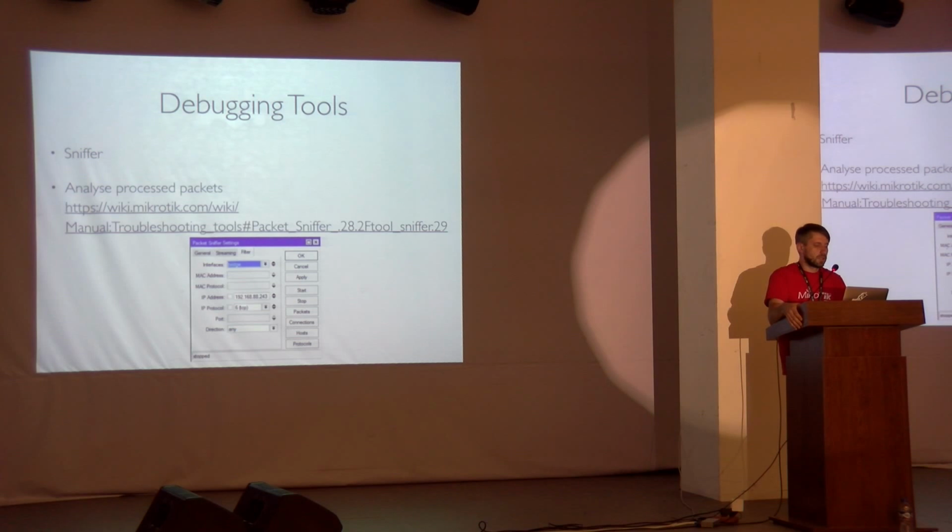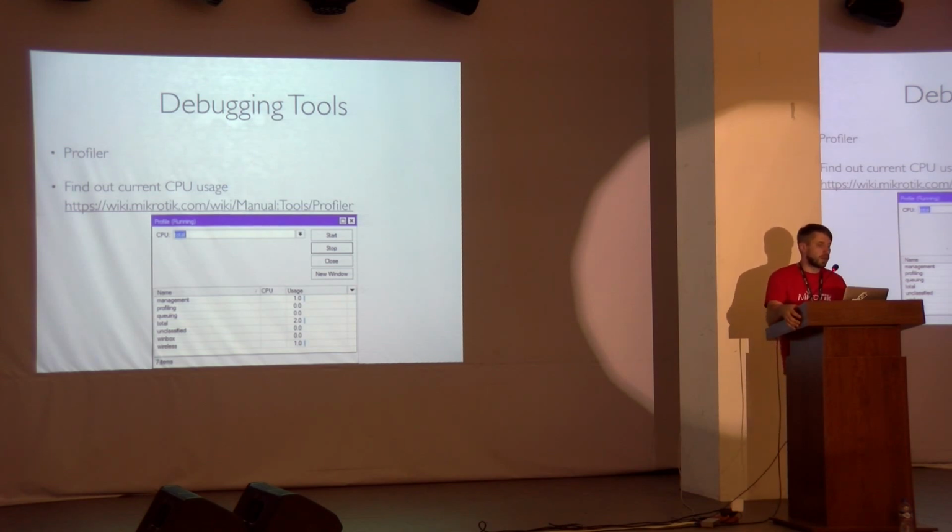As well, you can save the sniffer output to a file, and then later open it in Wireshark and see what is going on on your device. As well, it is possible to send all sniffer traffic to your server. So, for example, you want to see all the traffic on a specific interface, you configure the sniffer and send all data to your Linux server, and then later, if somebody like police asks you for the data, you can look at what is going on there.